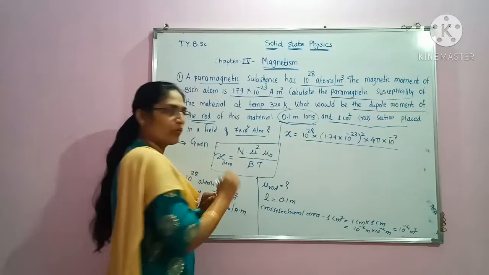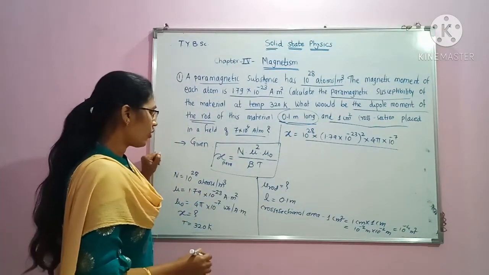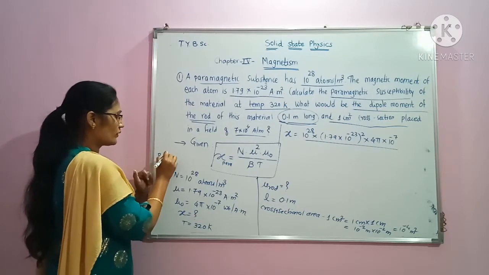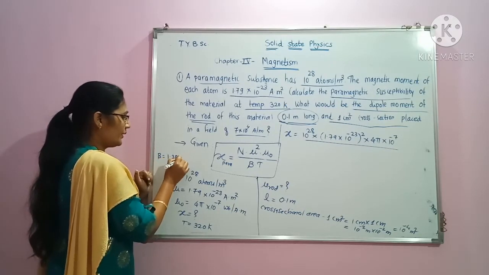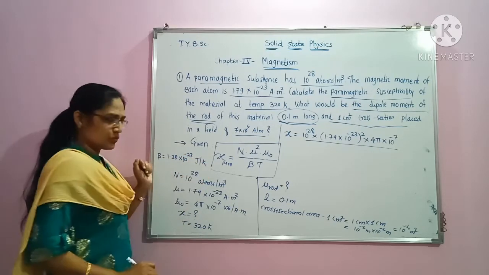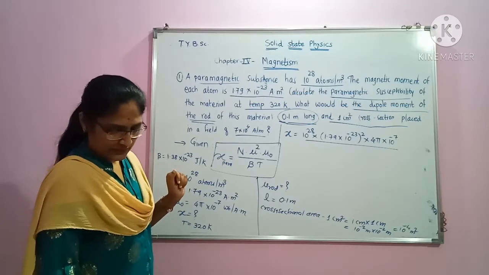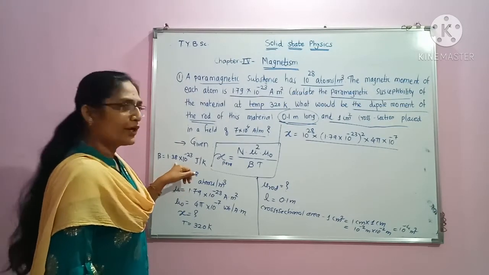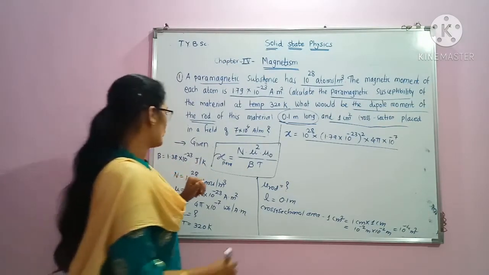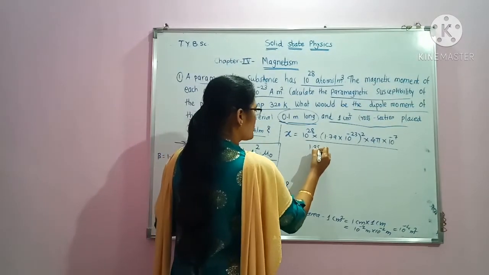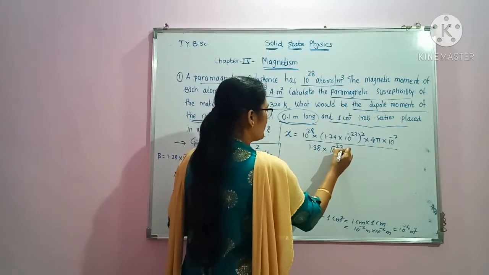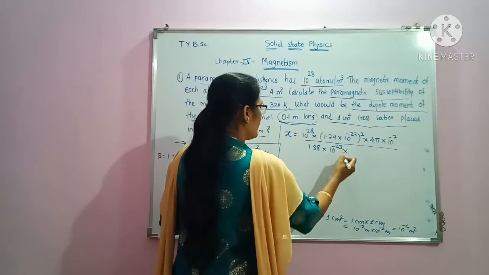What is B? Boltzmann constant. The value of Boltzmann constant is 1.38 into 10 raised to minus 23 joule per Kelvin. So we will substitute the value of Boltzmann constant as 1.38 into 10 raised to minus 23 joule per Kelvin into temperature.